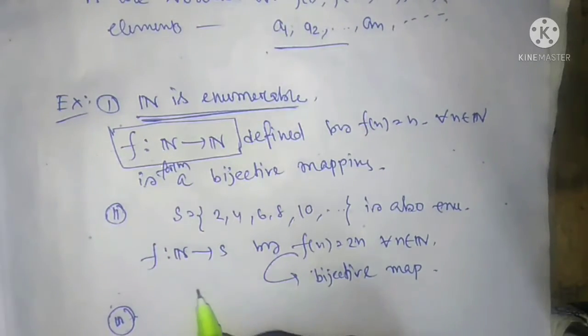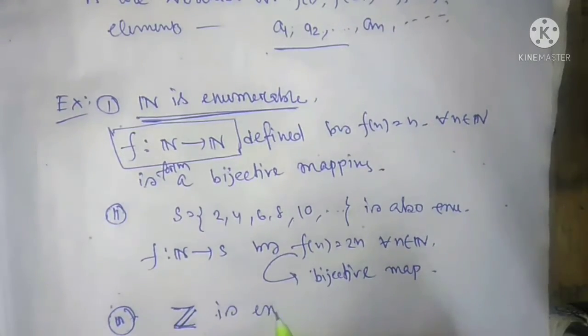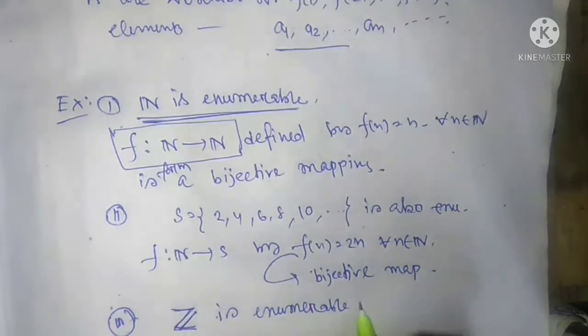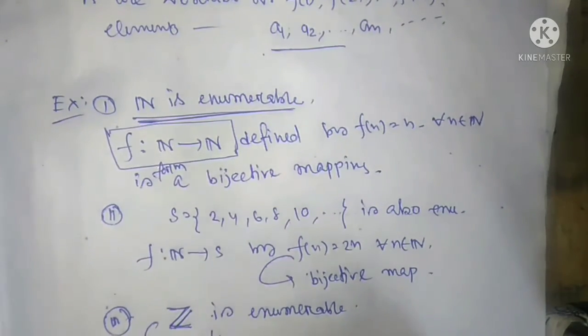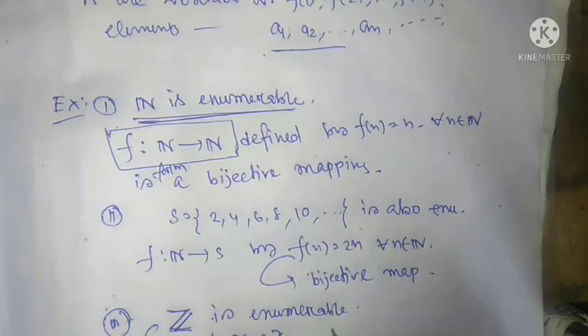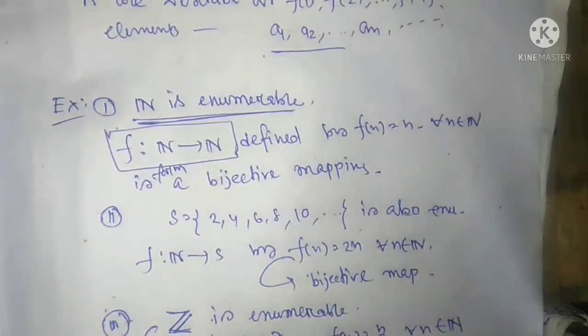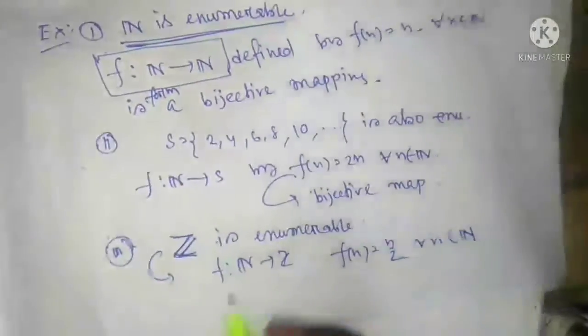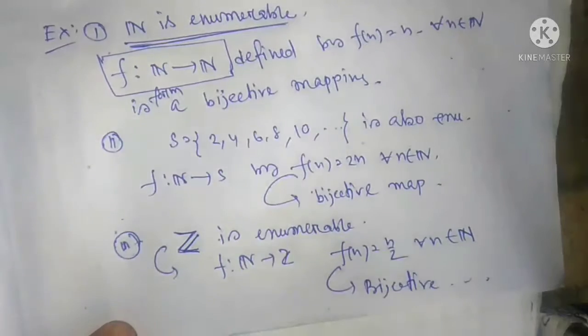Another example is the set of integers, which is enumerable. How is it enumerable? Define f from N to Z by a formula with n by 2, for n belonging to N. This is the formula for Z.